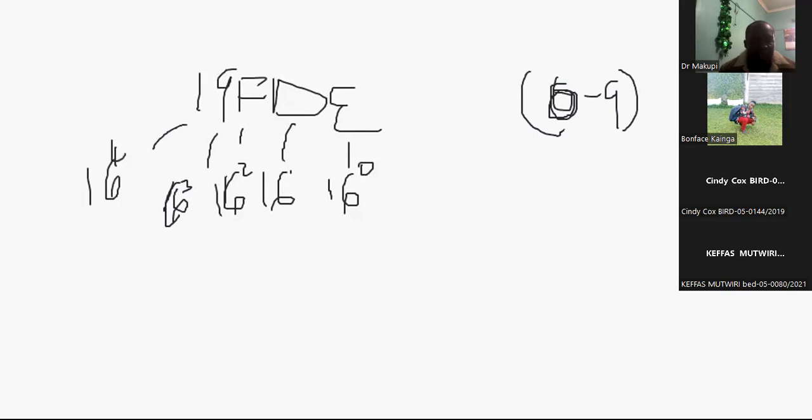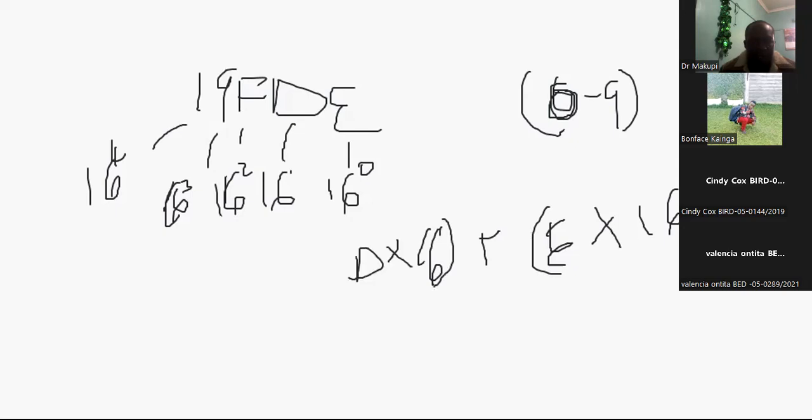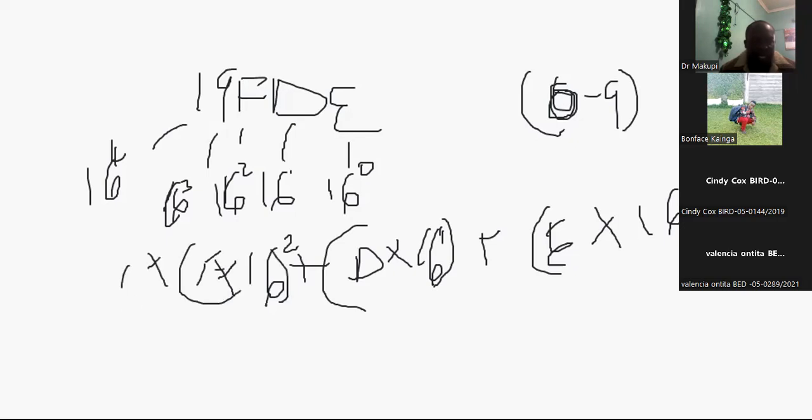Like that. So in the first line of your expansion, you will represent 16^0 multiplied by E, like that. Then you put in brackets and then add 16^1 in brackets multiplied by D. Adding like that, 16 raised to 2 multiplied by F. Put in brackets again. Then 16^3 multiplied by, like that.